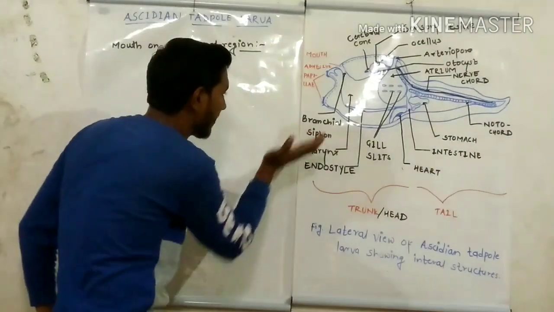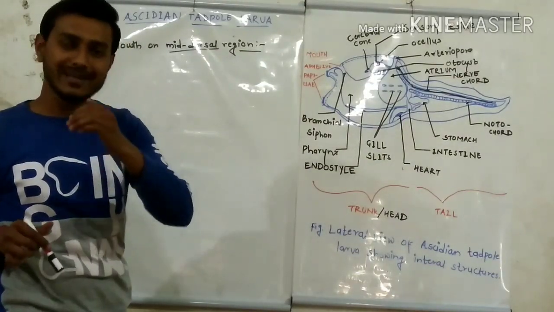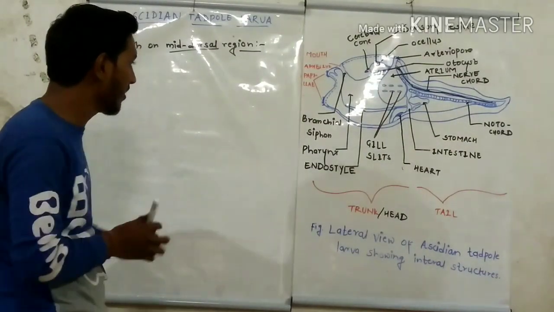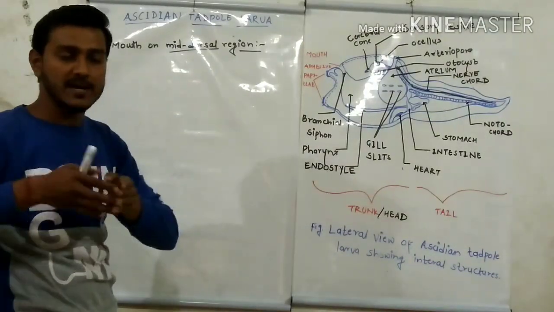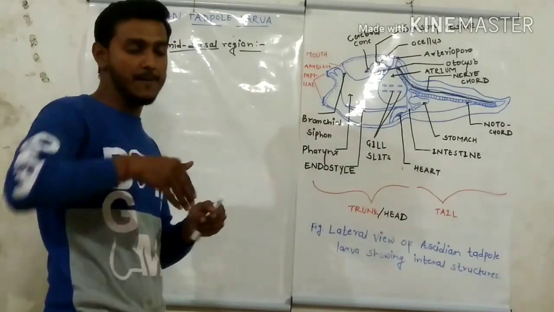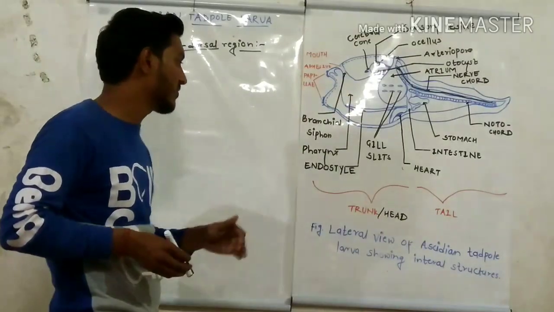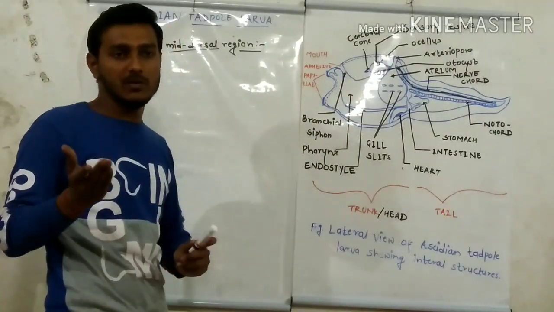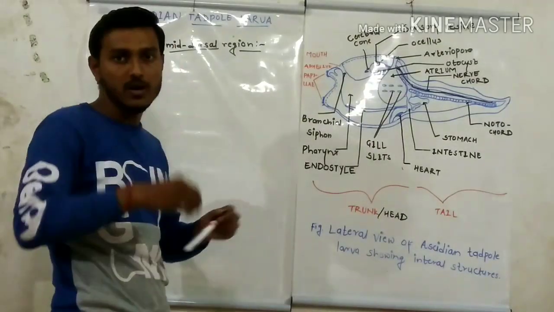And what is meant by branchial siphon? There are numerous entry points. The incurrent siphon means a tube-like structure, and incurrent means there is intake of something. As it is the digestive system, it will take in food or something.